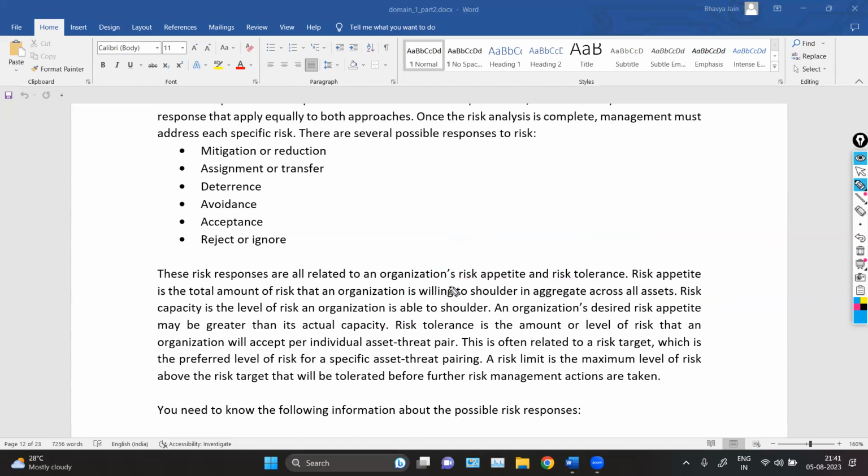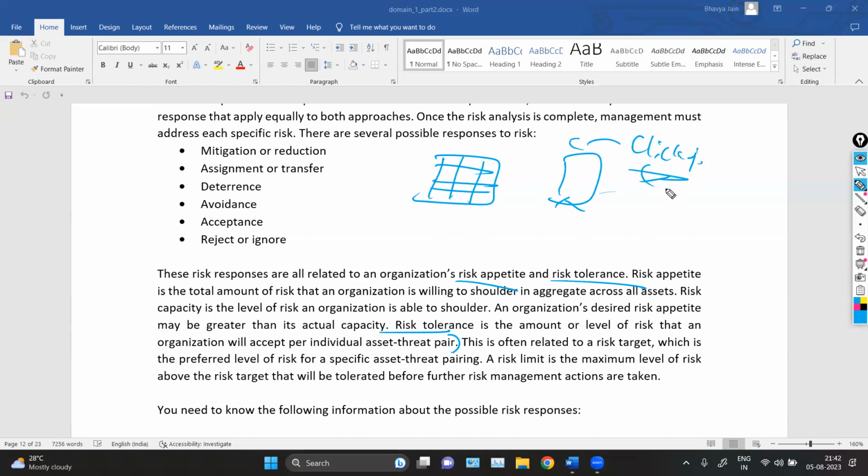Then we have risk tolerance, which is the level of risk an organization will accept per individual asset threat pair. Let's say this one is a PC, and the PC is vulnerable to a vulnerability, let's say clickjacking. You can bear it because the impact of clickjacking is very low.